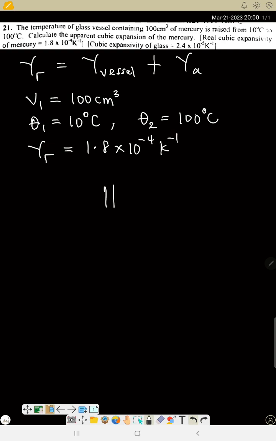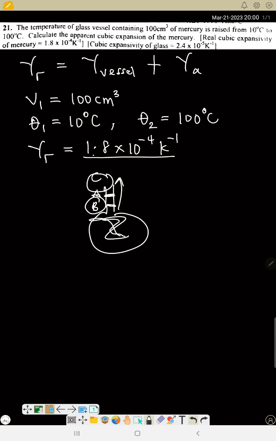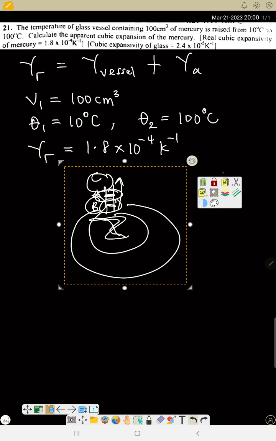Remember, as I showed you in the diagram, the level of the liquid is here, it dropped to B, and from B it increased to C. So the real expansion of this mercury is from B to C. So we are given the real expansivity of mercury, from B to C. Then the cubic expansivity of glass, remember the glass will first expand if it is heated, and the level will reduce from A to B. That is called the expansion of glass.